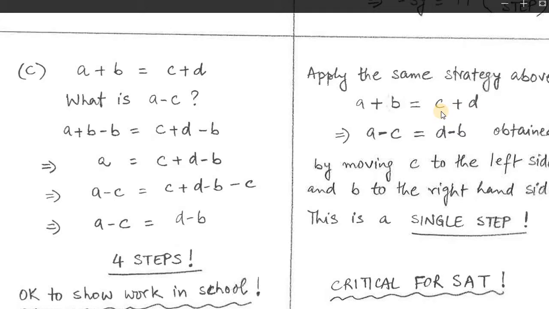When you do that, the plus c becomes a minus c, and we need a minus c equals, so the b has to move on to the other side. So when you move plus b to the right hand side, plus b becomes a minus b, and you already have d on the right side. So you go from this equation to a minus c equals d minus b, which is the same as here, but here you went through a long series of steps.